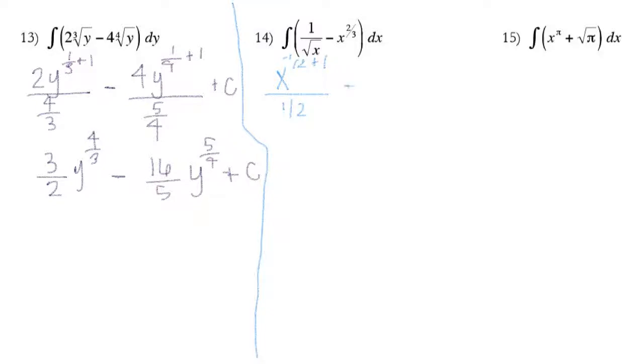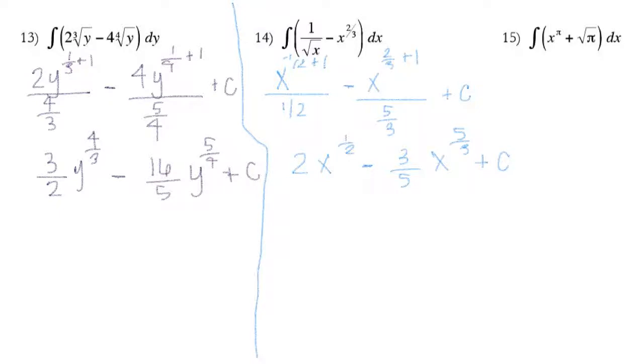And then we have minus x to the 2/3 plus 1 over, well, 2/3 plus 1 is 5/3, plus c. And let's see, if we simplify this, we're going to have 2x to the 1/2 minus 3/5 x to the 5/3, and then plus c. So this looks absolutely terrible, but it's okay.